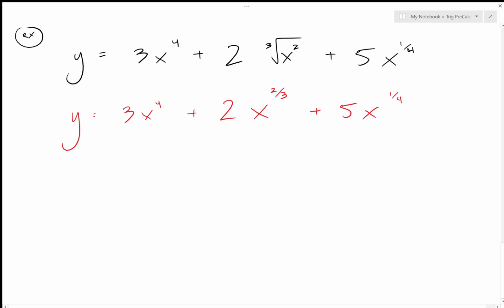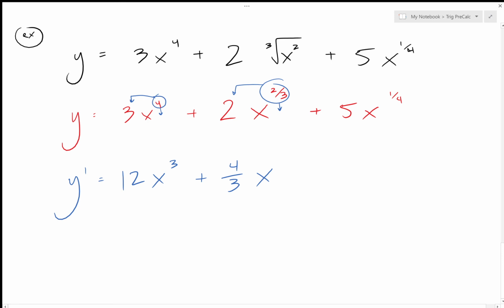Now let's start doing the derivative part. So y prime, this gets multiplied, so 12x, it goes down by 1, 3, plus, these get multiplied, 2 times 2/3, so that would be 4/3, because 2 times 2. x, it goes down by 1.